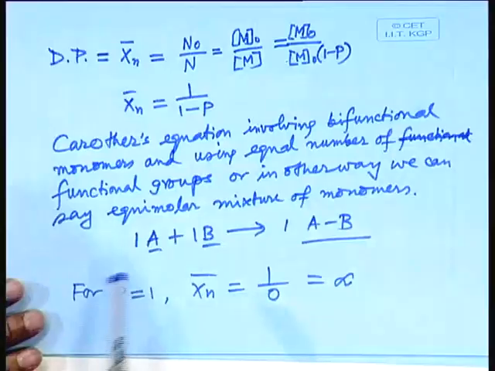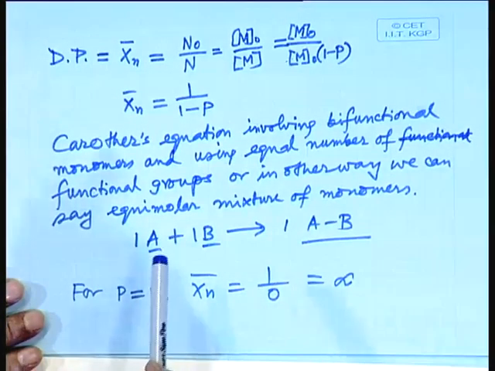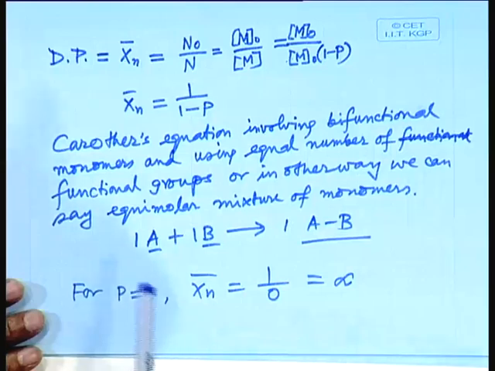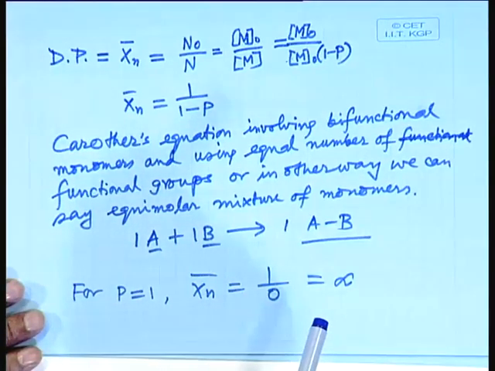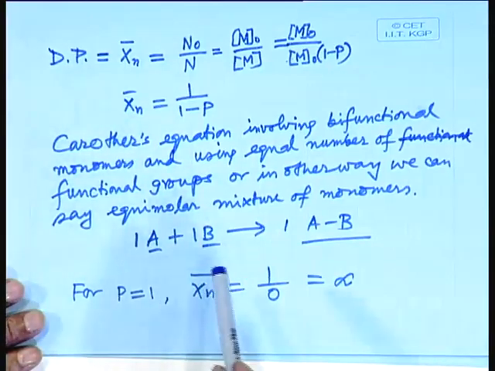Now, this gives you a clue how to monitor the growth of such a reaction. Here in this particular case, you have started with a diol and a diacid. So, you can go for estimation of alcohol or acid groups by a simple titrimetric method.